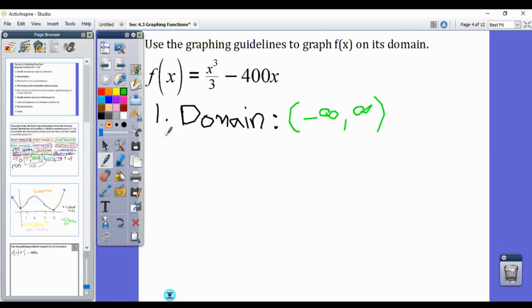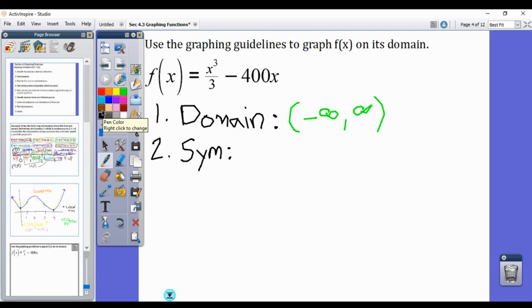The next thing you're gonna check is your symmetry. And another way to check without using your calculator is when you plug in negative x for all of the x values, if you get the positive original function back, the exact same thing, then it is even.